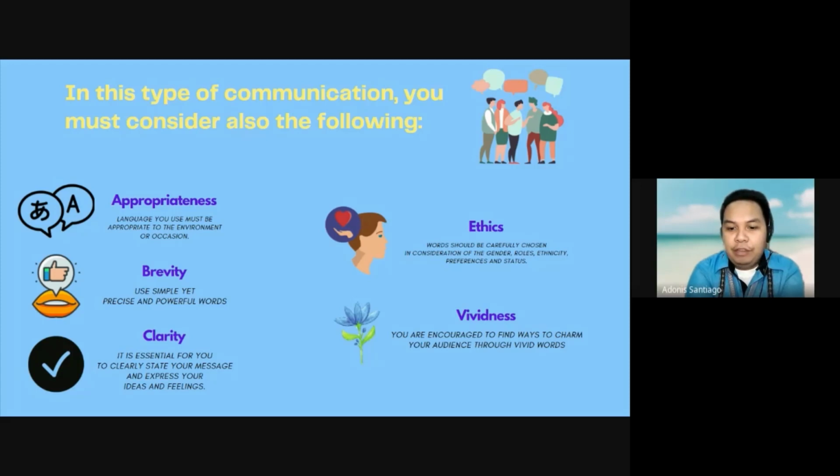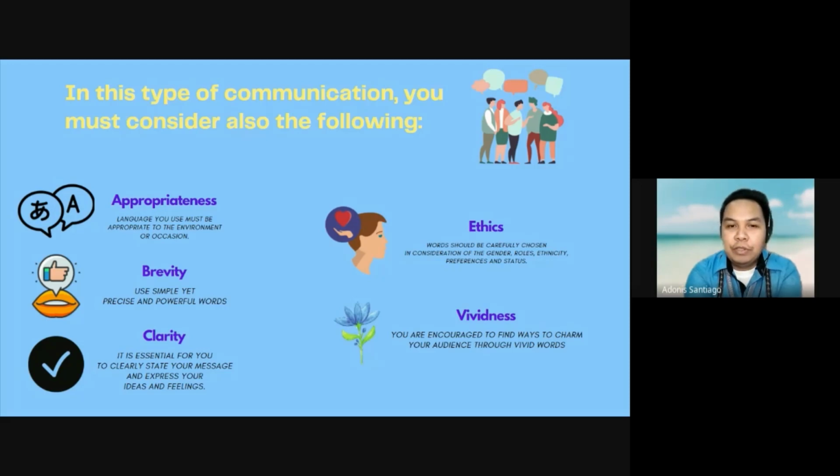We also have the vividness. We are encouraged to find ways to charm your audience through vivid words. Now, this is good in the communication process. We try to be creative in talking. You do not just have to say, I love you. You can also say that my heart beats for you to the moon and back.